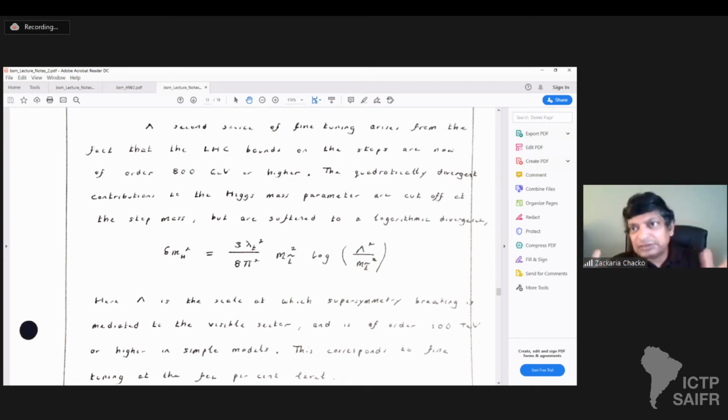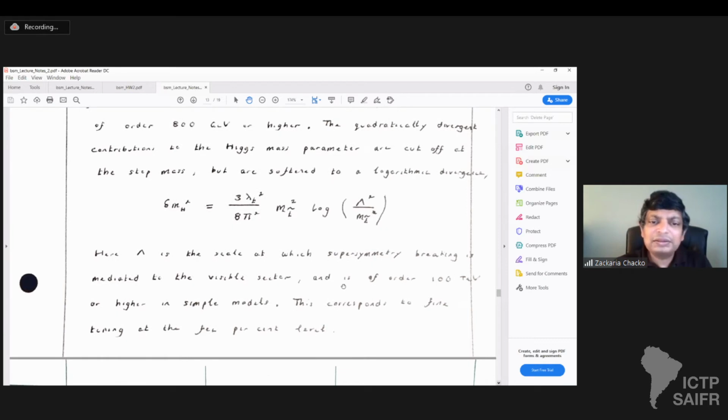And in any realistic model, it's like 100 TeV or higher. So you put in 800 GeV here, put in 1000 TeV or something there, and you start seeing that you're tuned. You need fine tuning at the few percent level to reproduce the observed value of the Higgs mass. And that's not good.